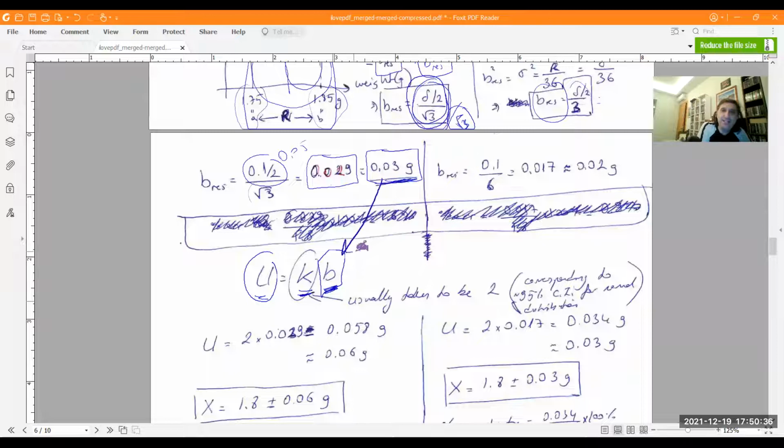This bias is going to be multiplied by k, and this k is usually taken to be 2. And where does that come from? For normal distribution, if you recall, 2 standard deviations minus plus correspond to a z value of 1.96. I'm very sorry. Actually, it should be like this.